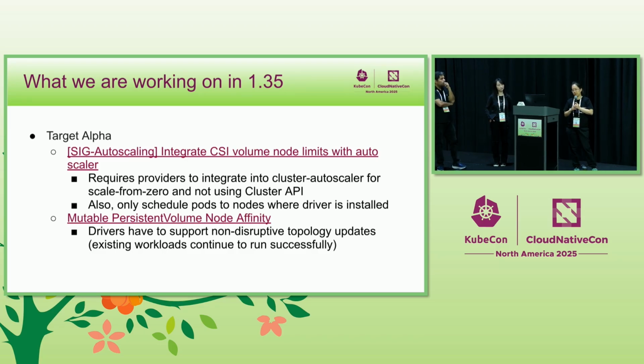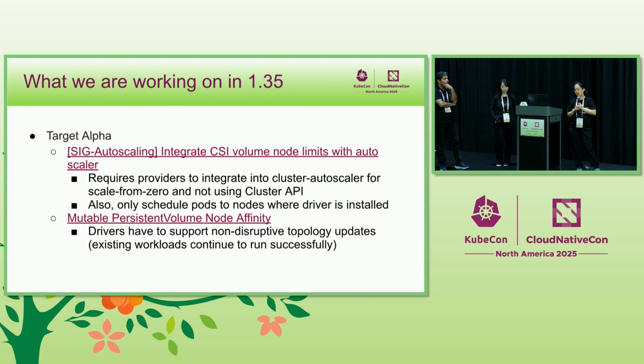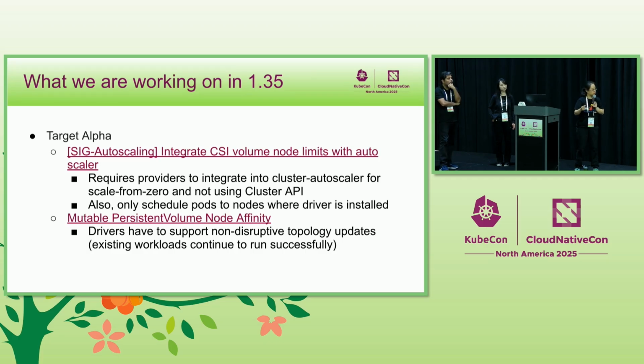Another new feature we're adding in alpha is the ability to mutate the persistent volume node affinity. So this is for drivers that can basically change the topology of a volume in a non-disruptive manner. What I mean by this is that the driver or the storage system needs to be able to support updating topology while existing workloads are running, and they can do so in a way that doesn't cause disruption to existing workloads.